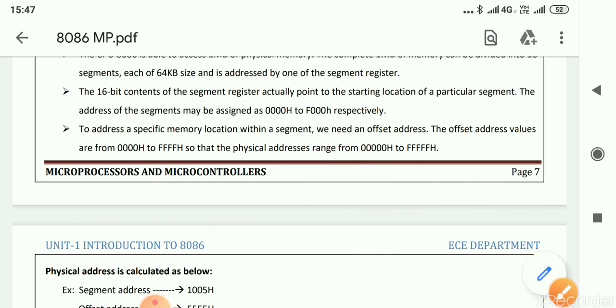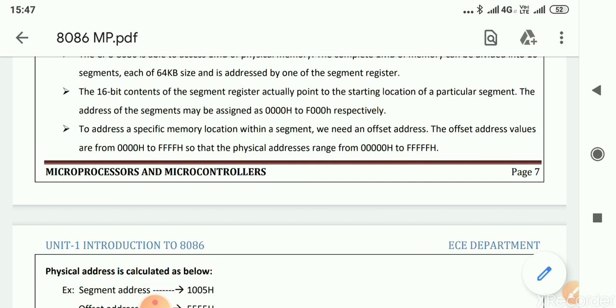Okay, so if a code segment is 64 kilobyte and it is 16 bit, then the maximum address can be FFFF, and the lower address can be 0000. That is, all the 16 bits are 1, and all the 16 bits can be 0.